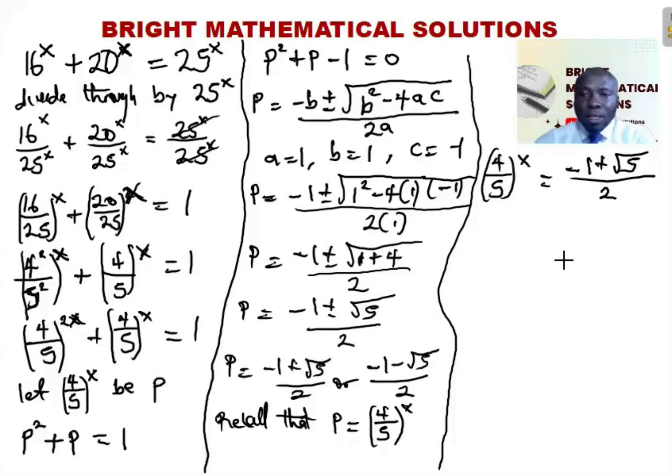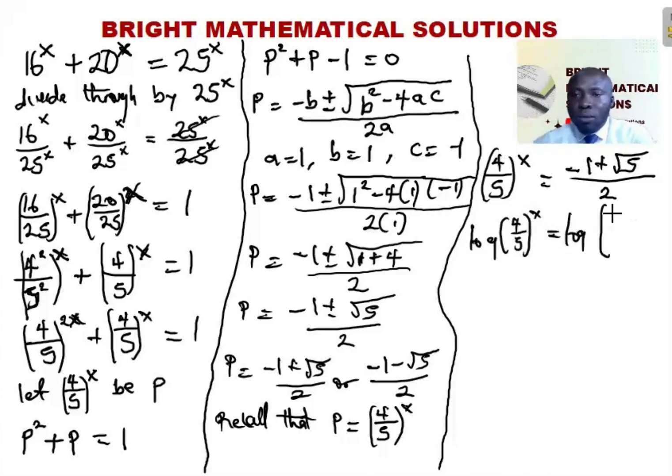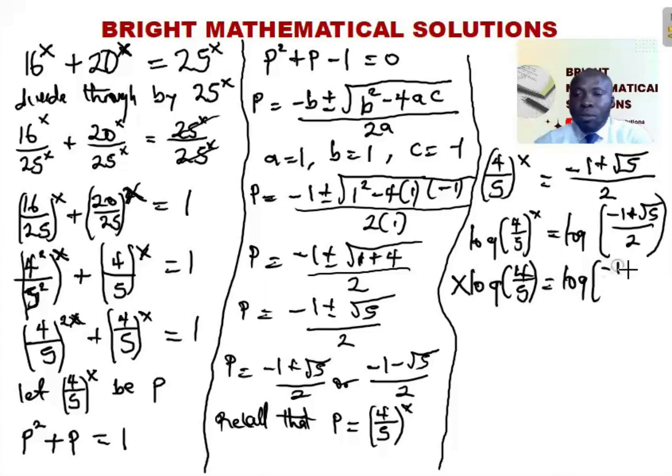So from here we can take the log of this expression such that we can find the value of x. So if we log this expression, it becomes log of 4 over 5 to the x equals log of minus 1 plus root 5 over 2. Now from the law of logarithm, it now becomes x log 4 over 5 equals log of minus 1 plus root 5 over 2.